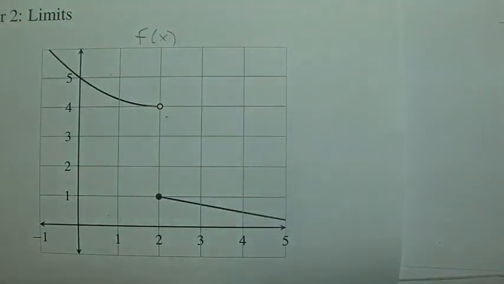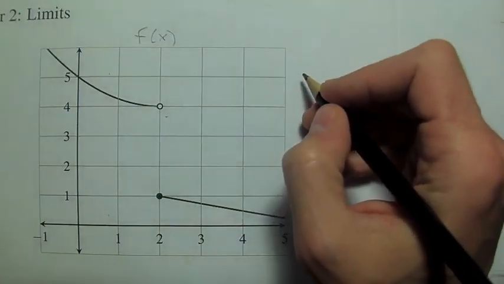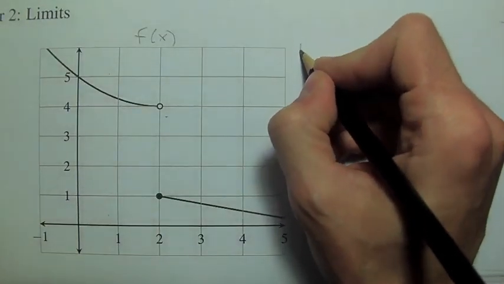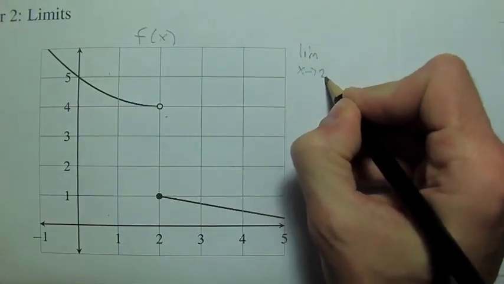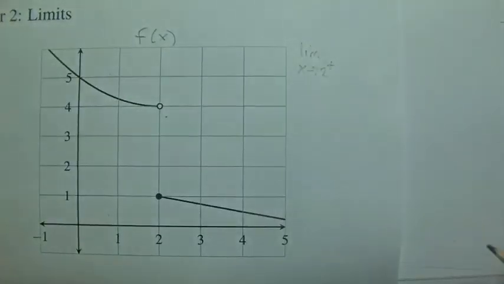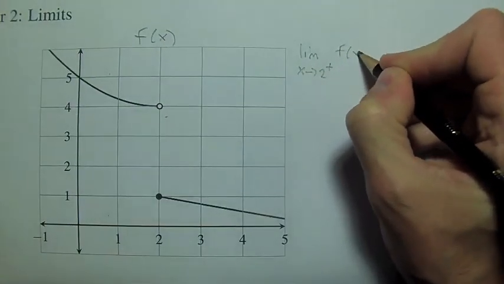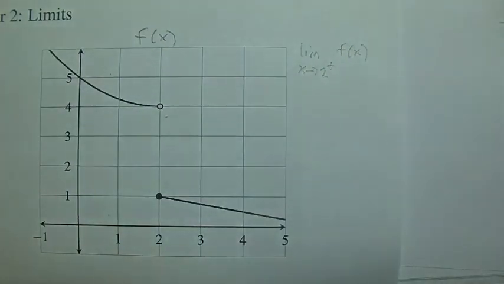Okay. So here's the question I'd like to ask about this: what is the limit as x goes to 2 from the right of f of x?